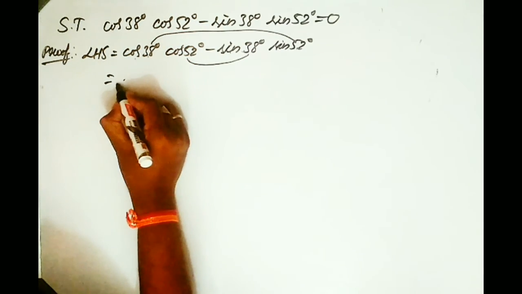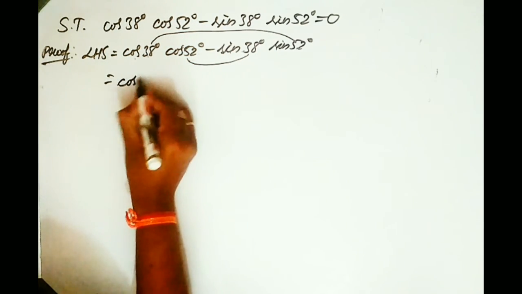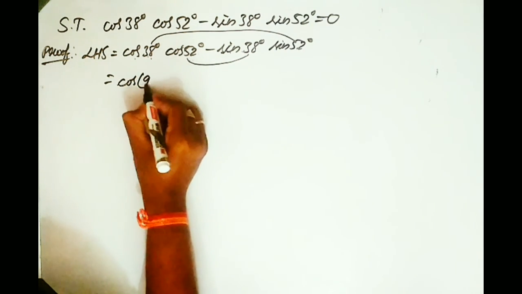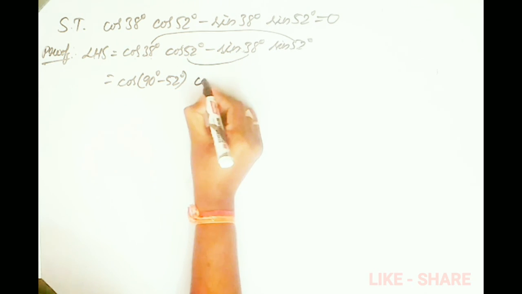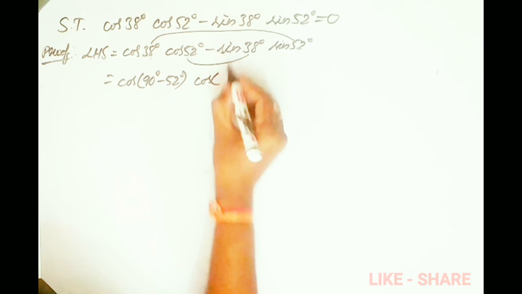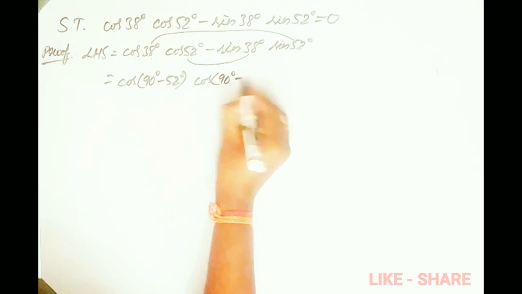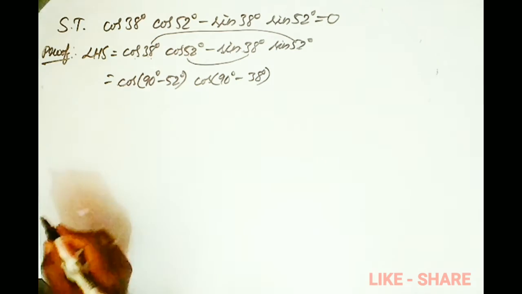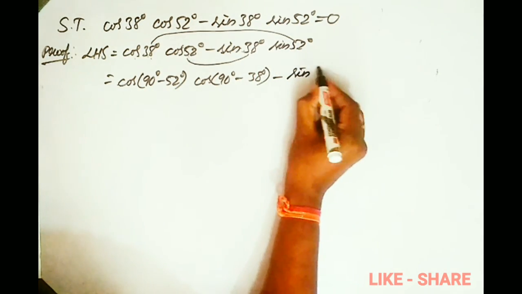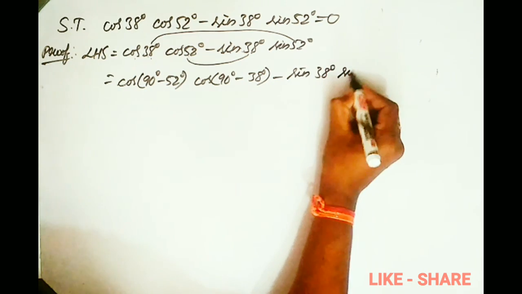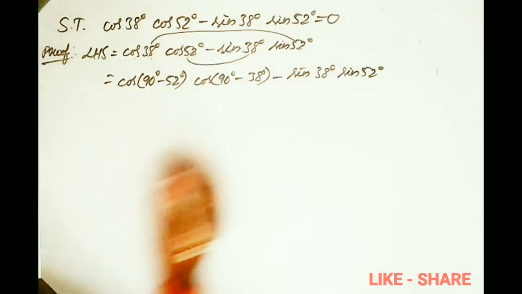So cos 38 degrees can be written as cos (90 degrees minus 52 degrees). Among these two, I will change this one. So cos 52 degrees is written as cos (90 degrees minus 38 degrees). Minus, I will write these two as it is, sin 38 degrees into sin 52 degrees.